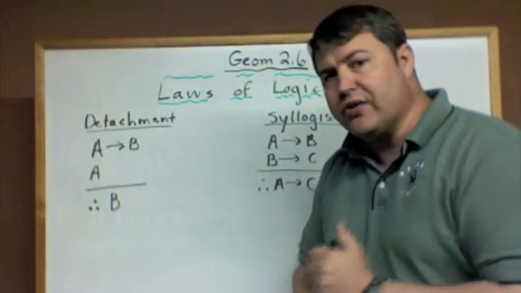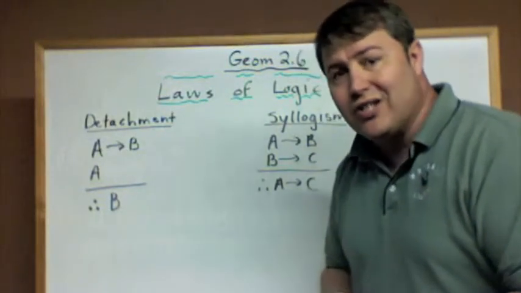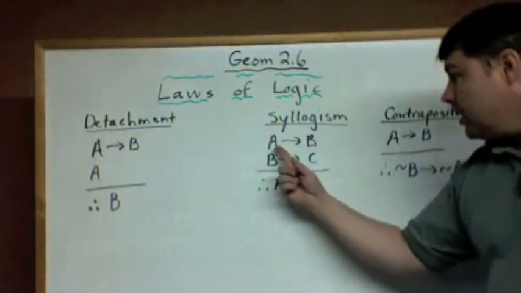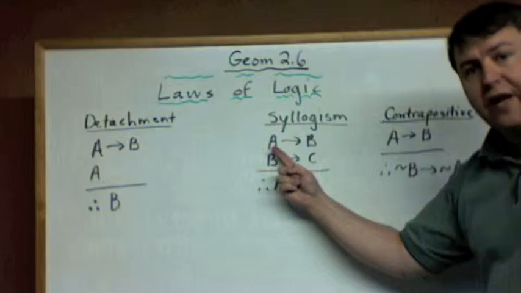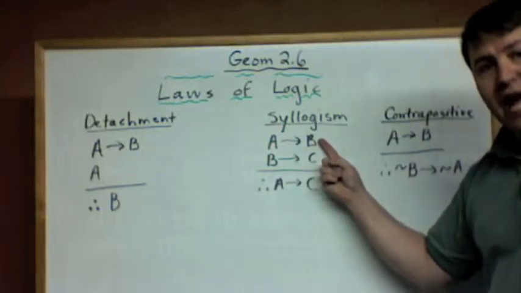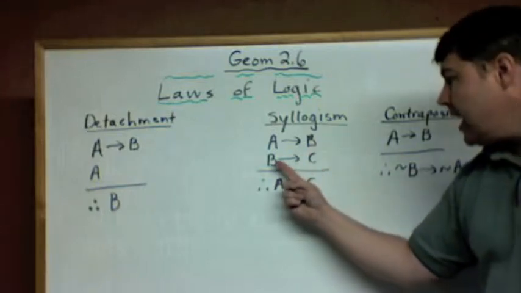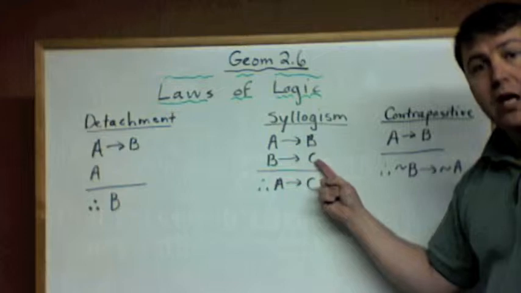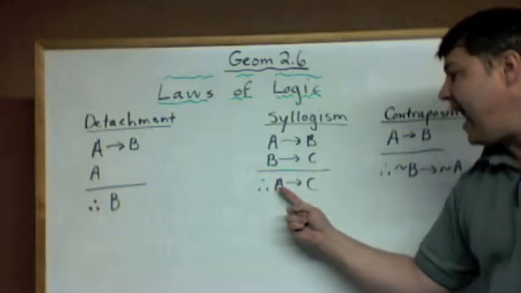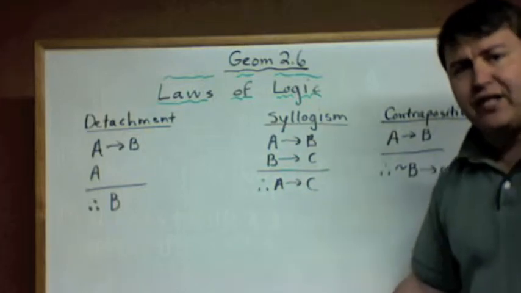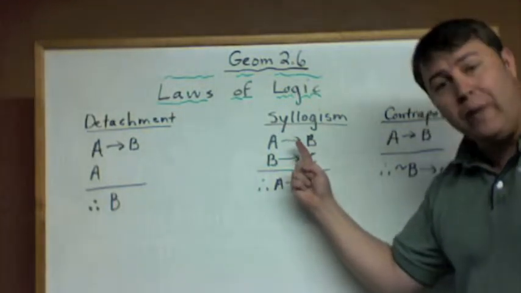Another one of the laws that you'll see used occasionally is called syllogism. Here's what syllogism looks like. If you have one if-then statement, A implies B, and we can all agree that that's true, and if we can agree that it's true that B implies C, therefore it has to be true that A implies C. Now, we talked about this, only instead of the little arrow, we put equals in there.